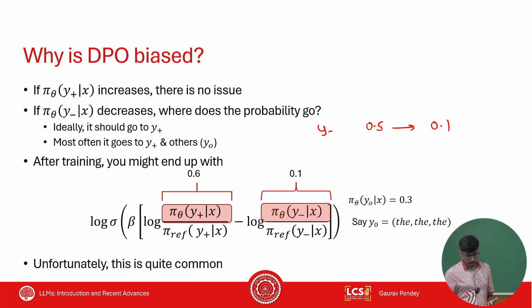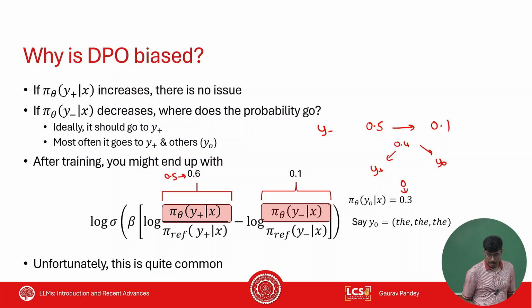But in general, what will happen is that this difference of 0.4 will get distributed between y plus, this y naught, and the other outputs, whatever are there. It will go to a mix of both places. So for example, in this case, 0.1 part went here, so it became from 0.5 to 0.6, and this became from 0 to 0.3.